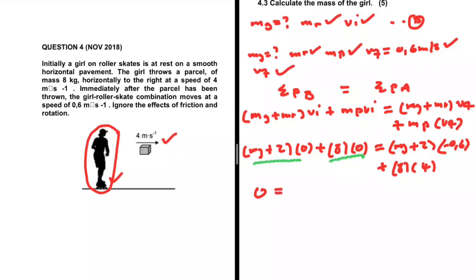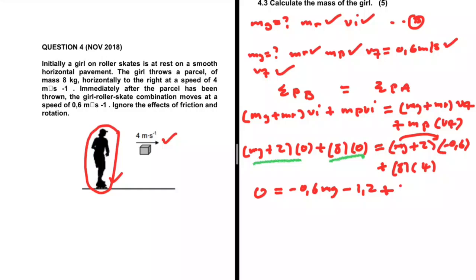the mass of the girl. Let's multiply out here. 0 being equal to minus 0.6 mass of the girl plus 2 multiplied by minus 0.6. So that will be minus 1.2. And then plus 8 multiplied by 4. So 8, 16, 32.